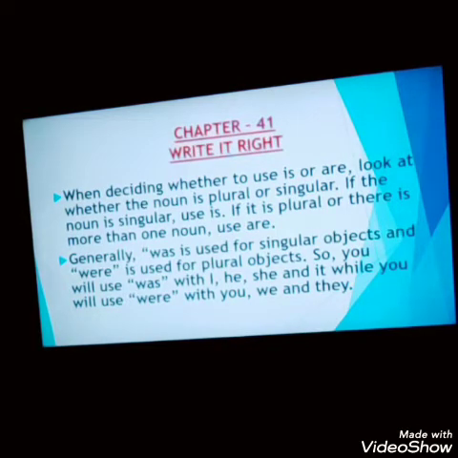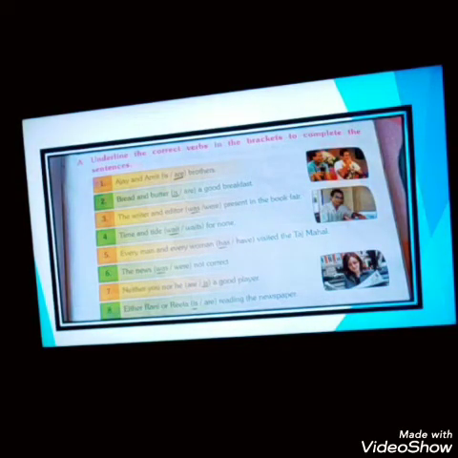So remember, is and was are used with singular nouns, and are and were are used with plural nouns. Let's learn this with some exercises given in your book.